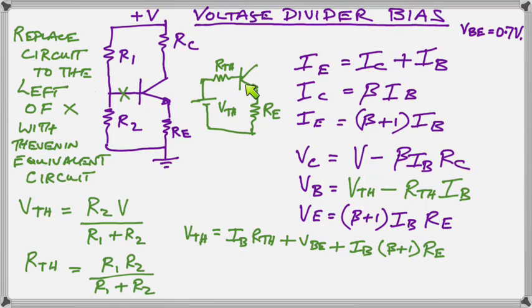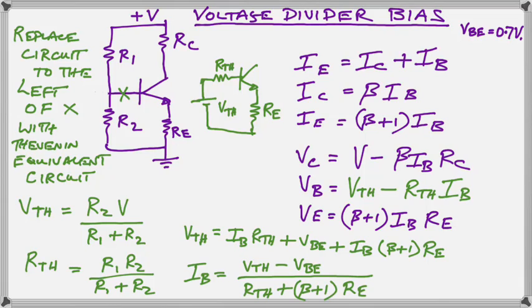Then we have VBE, add that voltage to that. Then we have beta plus 1 IB times RE. So basically all we're saying here in that equation is that the voltage across this plus the voltage across this plus the voltage across that must add up to VTH, which is just basically another way of stating Kirchhoff's voltage law.